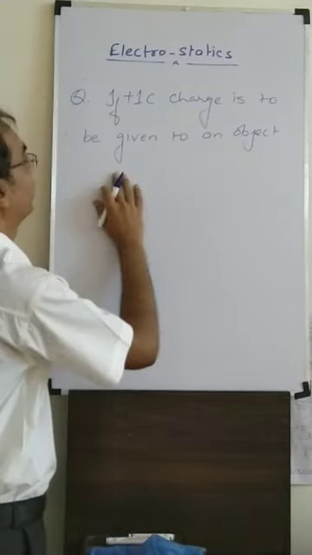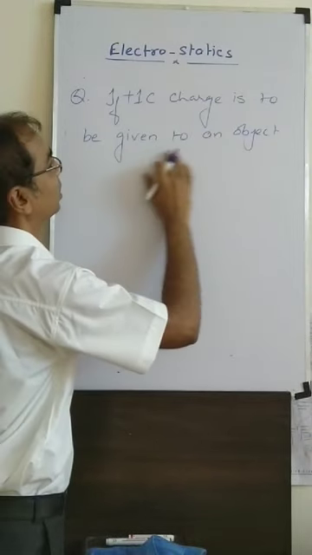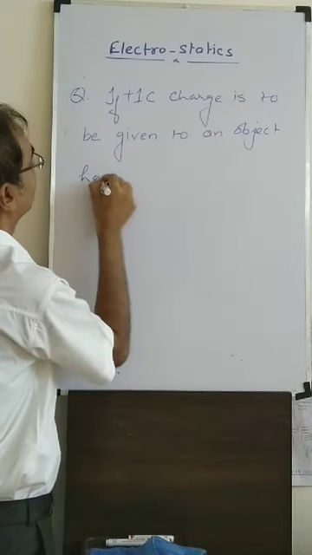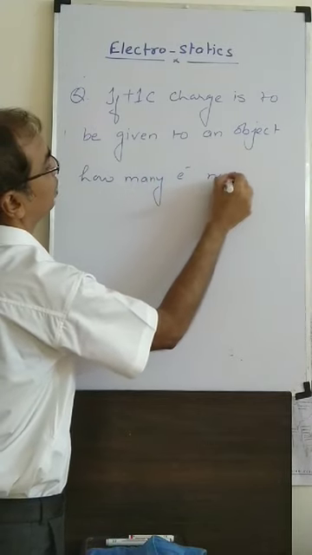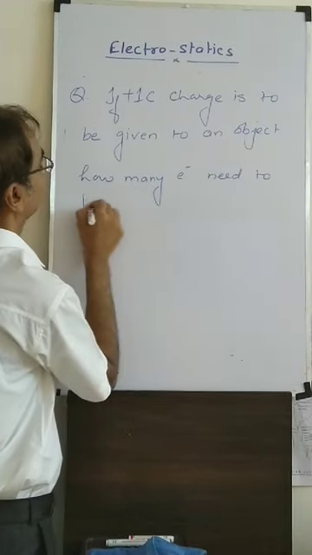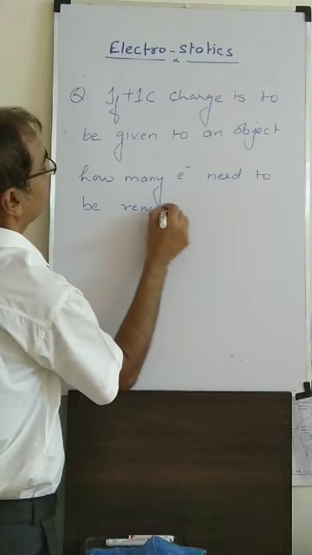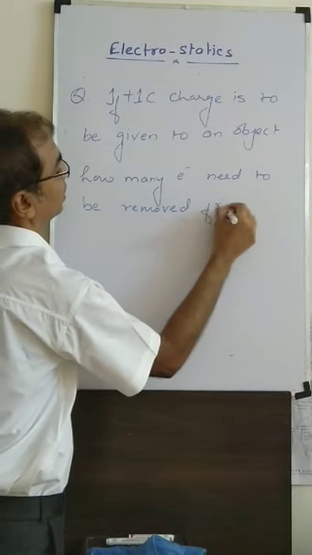Okay, so what we have to find? If plus 1 coulomb charge is to be given to an object, how many electrons need to be removed from the object? That's the question.